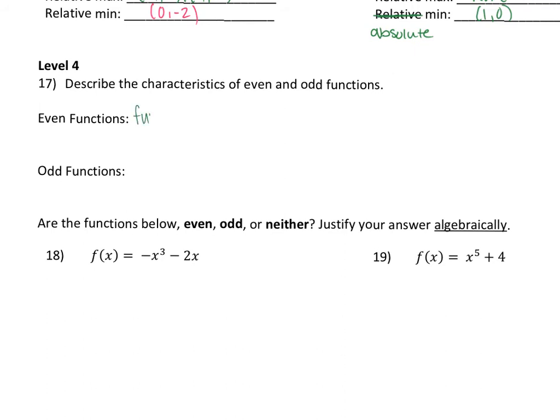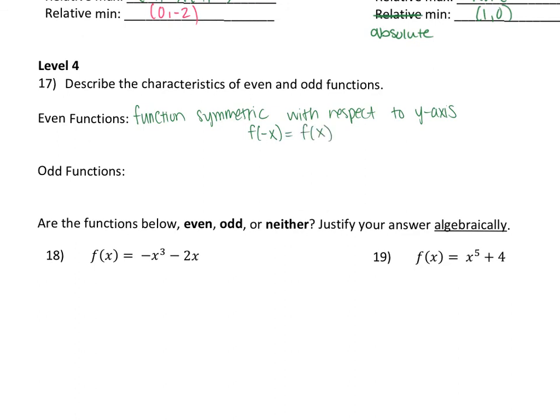So for an even function, they have a symmetry, and it's with respect to the y-axis. And what we use is the function notation where we plug in a negative x and see if it's equivalent to the positive f of x.